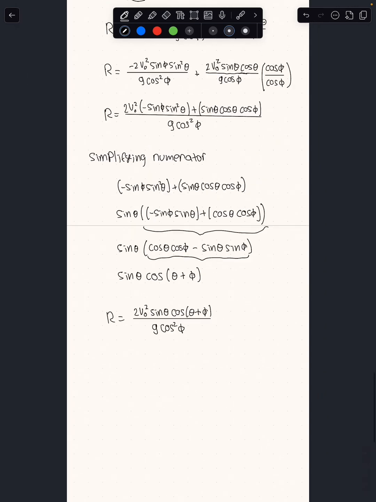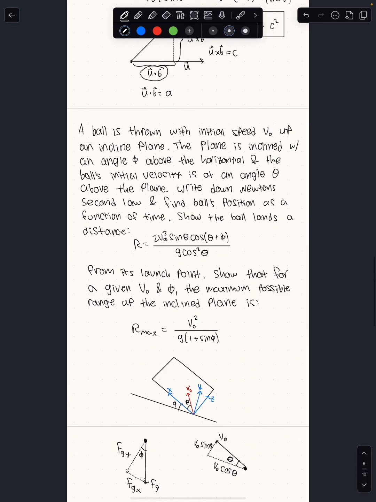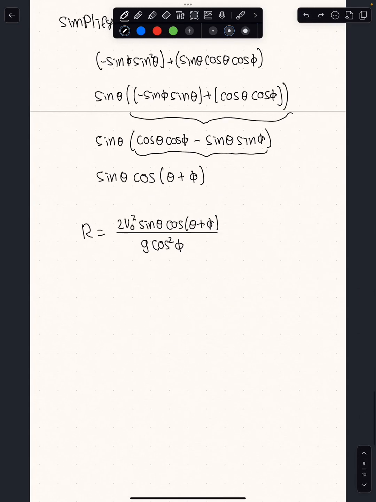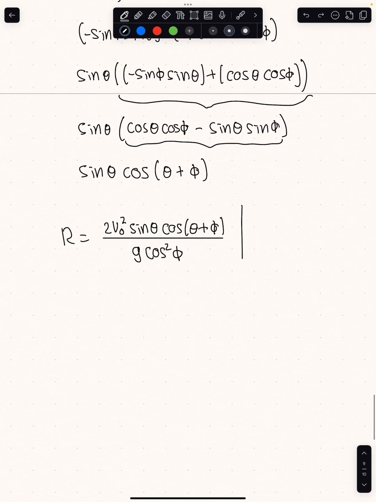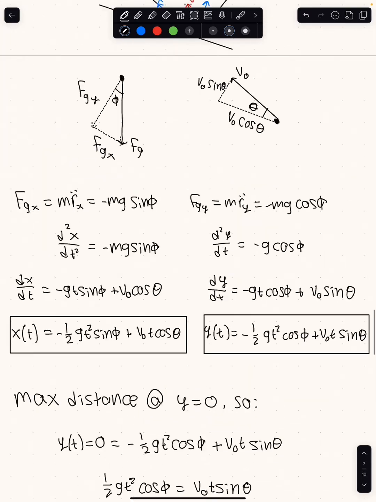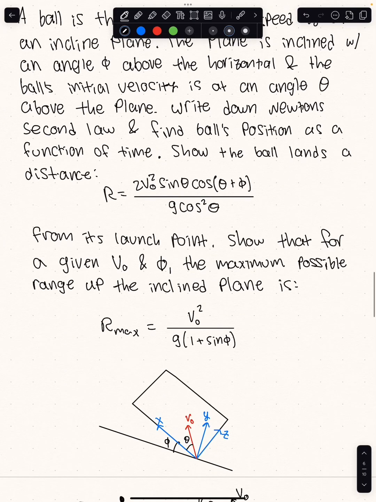And if you remember up top in the question, this is what we were trying to show. And this is indeed what we have down below. Great. So we have shown the max distance.